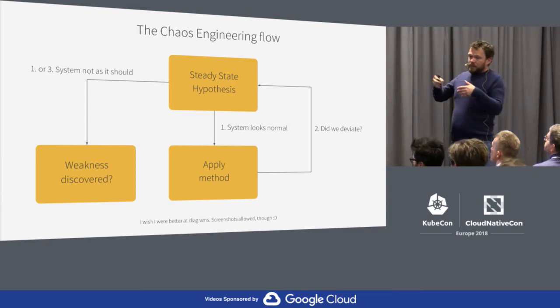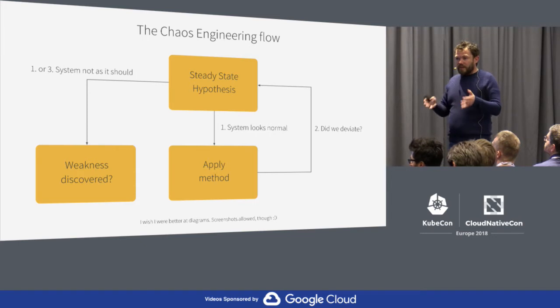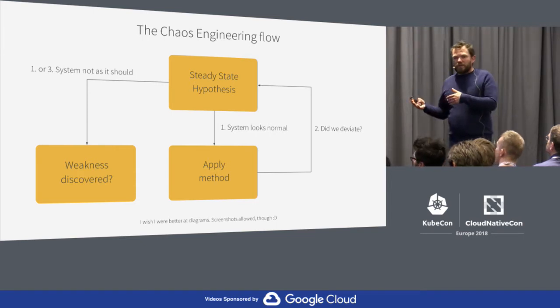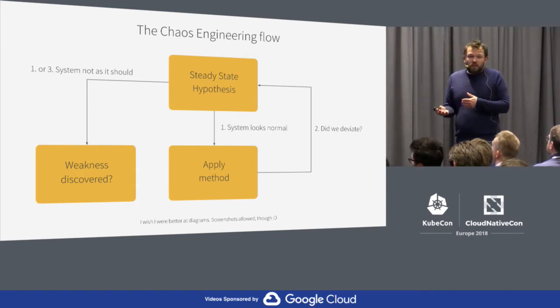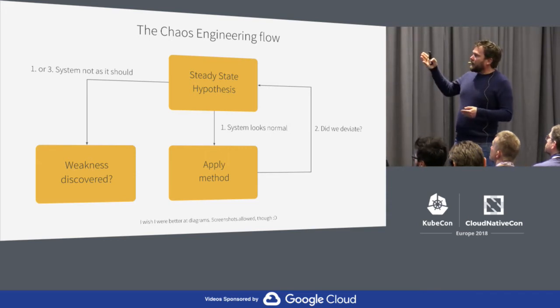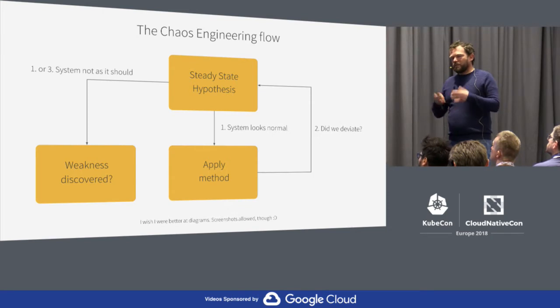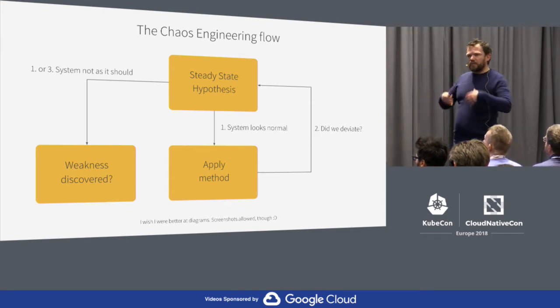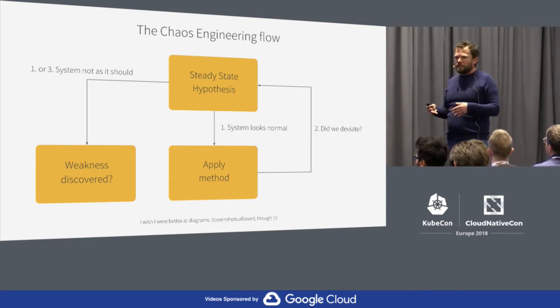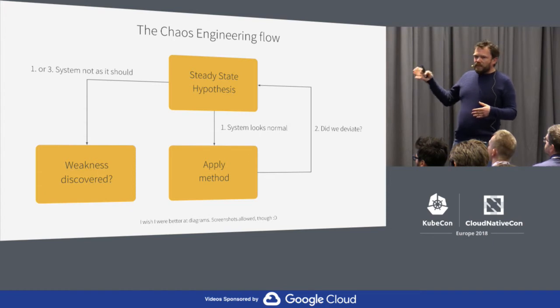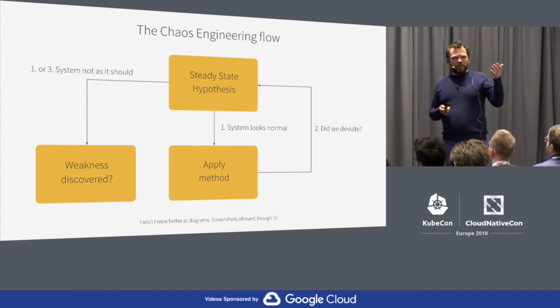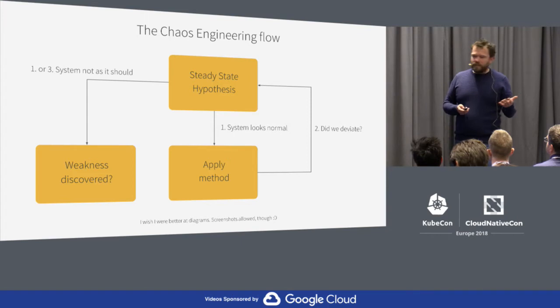Now, once we agree that we have that baseline and it's there, because there is no point in learning from a system that is already broken, you're not helping yourself, you're going to apply a method. Now, it sounds very scientific. It's not really scientific, but we like the philosophy of the scientific approach. So the method here is just a bunch of actions you're going to run against your system.